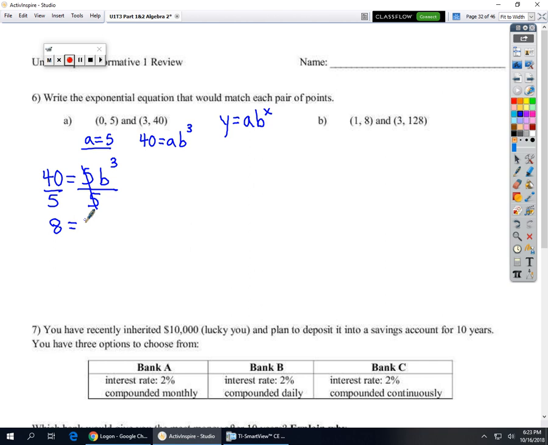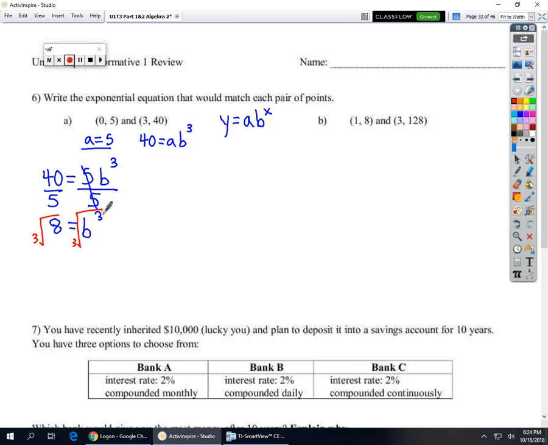B to the power of 3, bring that down. And then, I'm trying to solve for b, so how do I get rid of that 3? You need to apply the cube root on both sides. So, changing colors, I'm going to put the cube root on both sides. Cube root of 8. What is the cube root of 8?